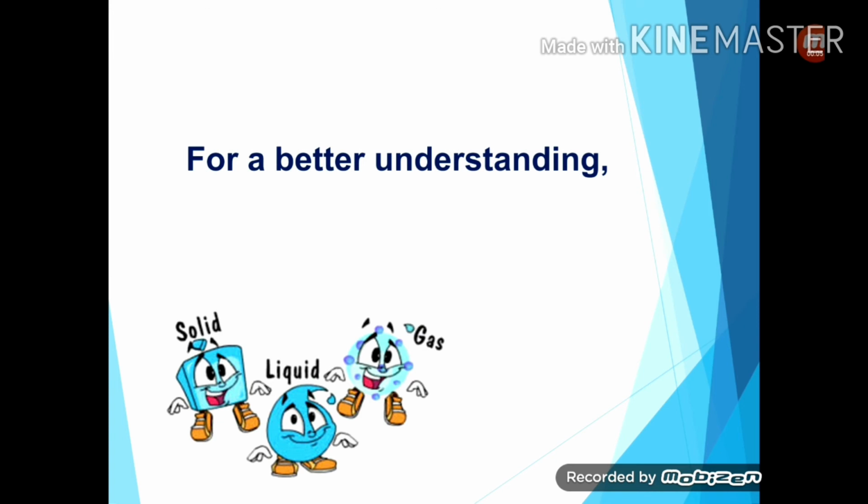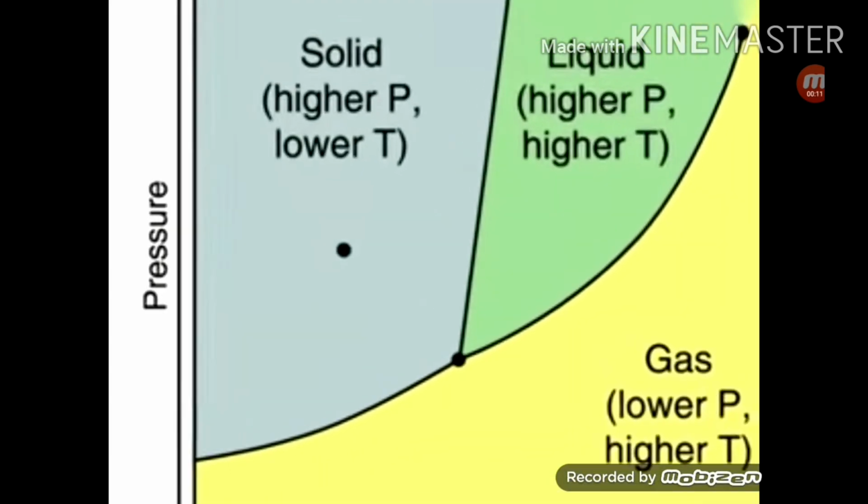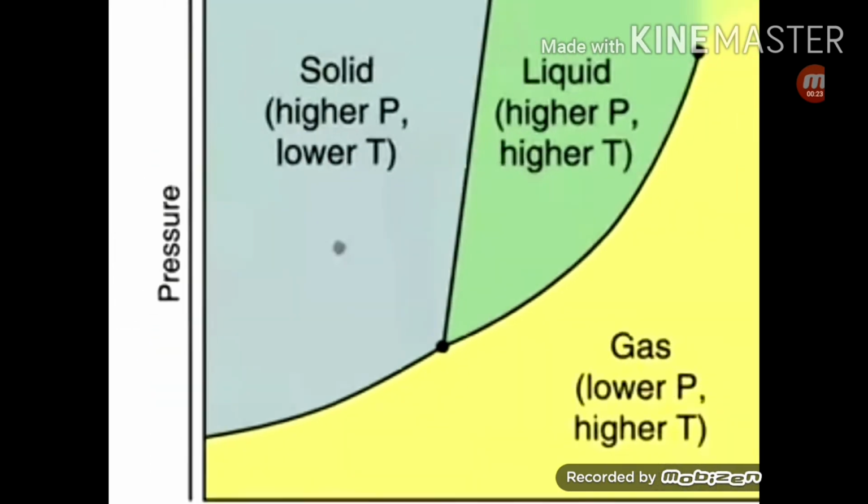For a better understanding, let's check out this video. Let's take a closer look at the diagram and view the various parts on the molecular level. A magnified view within the solid region shows the regular array of tightly packed particles typical of a crystalline solid. Note that the particles in a solid are not fixed, but jiggle in place about their crystal sites.